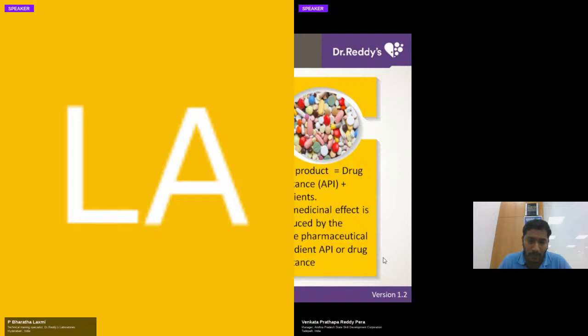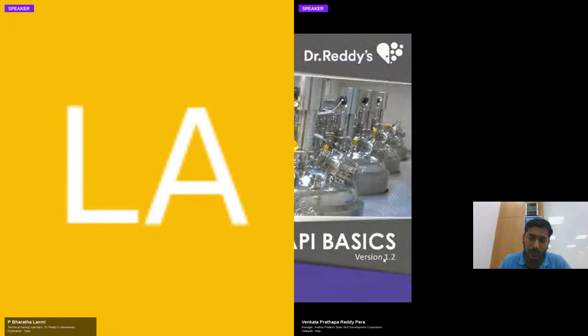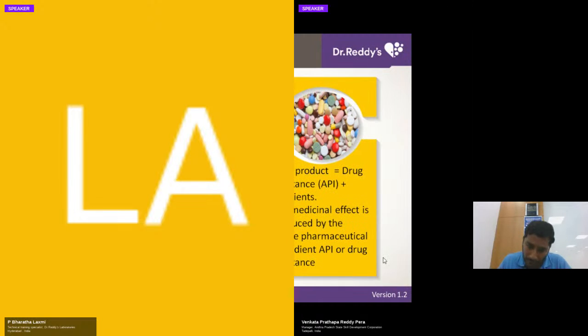The formulated one is a combination of API and some ingredients, which are used for increasing stability or masking taste and odor. So, drug substance is API and drug product is the formulated one. Both are the same. Here I have a question: why can't we take API directly instead of the formulated one?